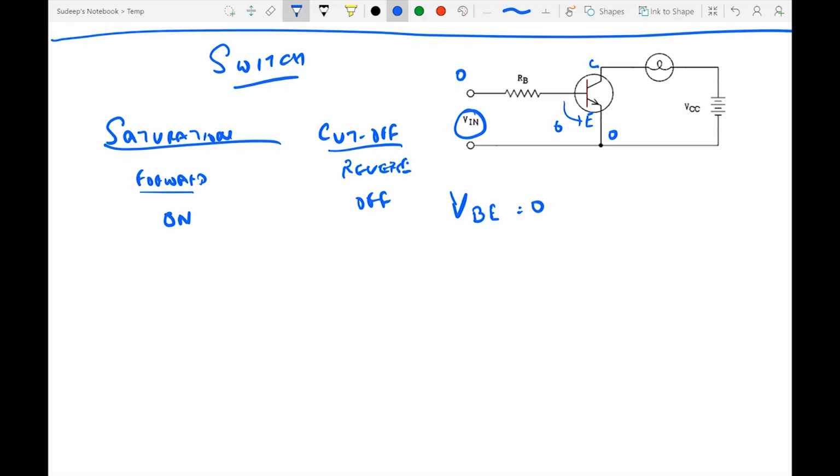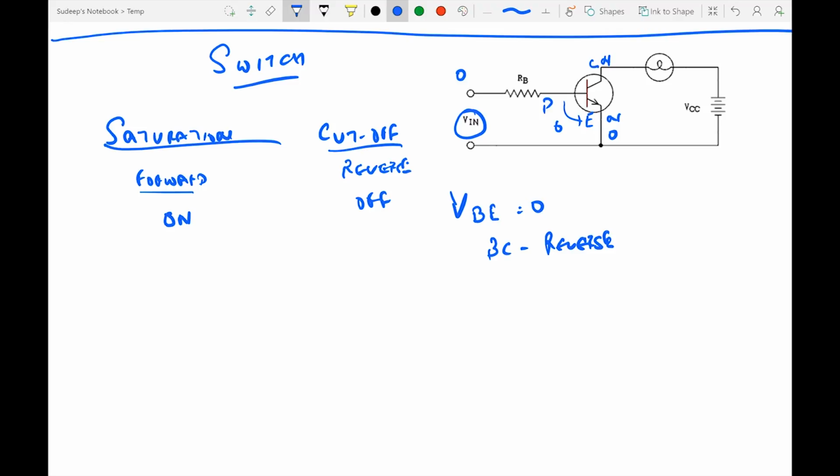And because the base is 0, this is an NPN transistor. So this is N, this is P, and this is N. If we have 0 on the positive side and some positive value on the negative side, the base collector region is reverse biased.